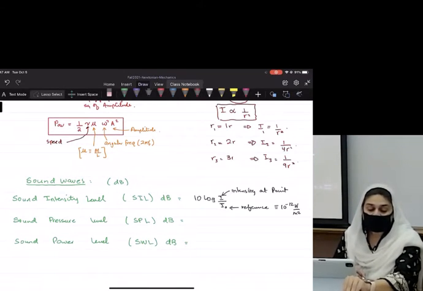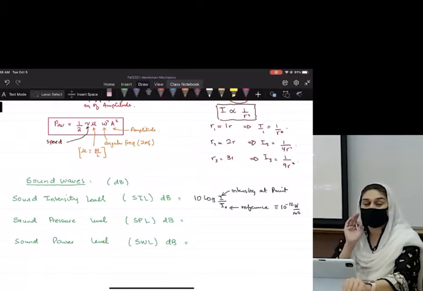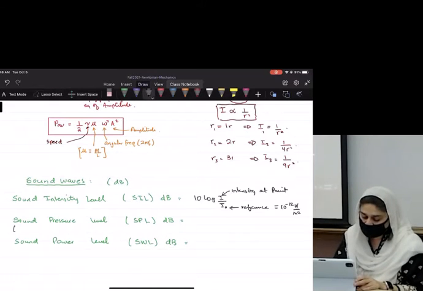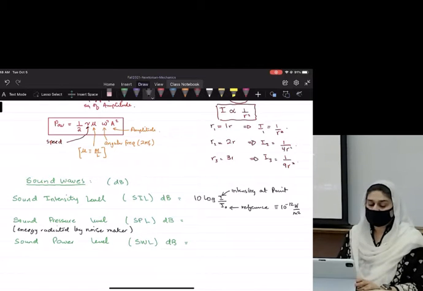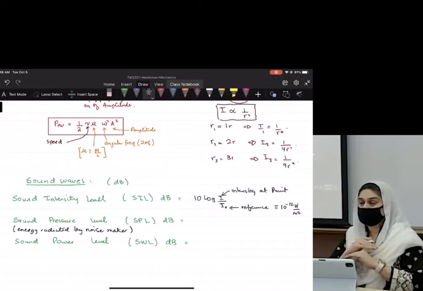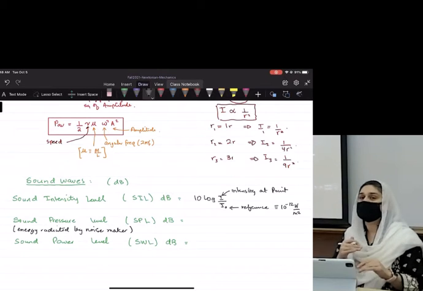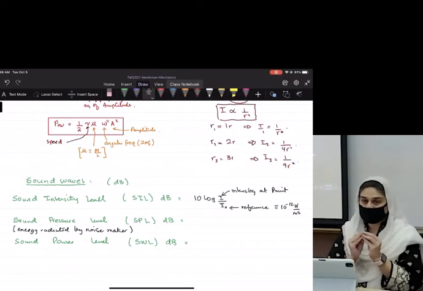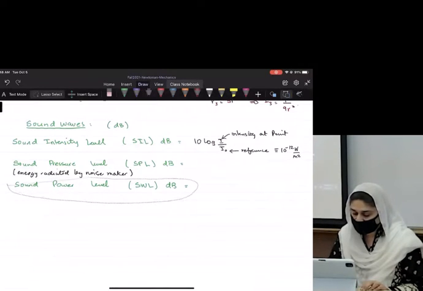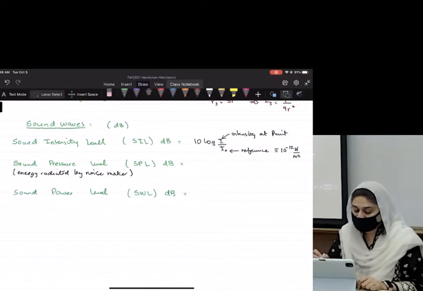Sound power is the energy that's being radiated by the noisemaker. It does not depend on the positioning of the person, does not depend on the receiver. It only depends on what is making the noise. So energy per time is called power, right?